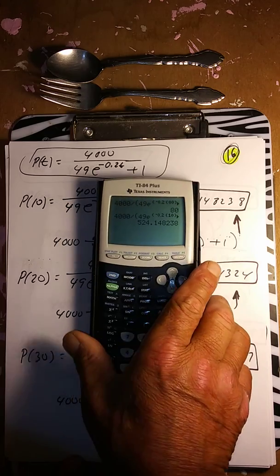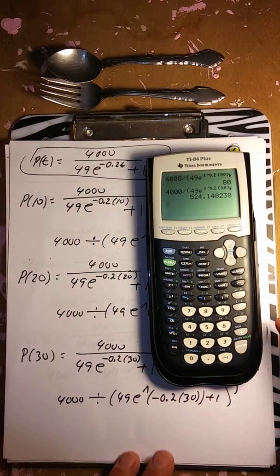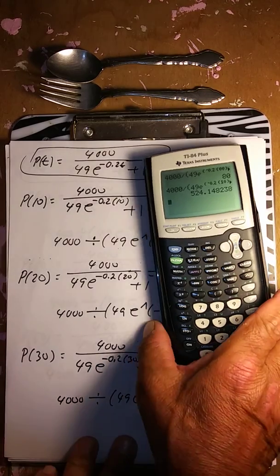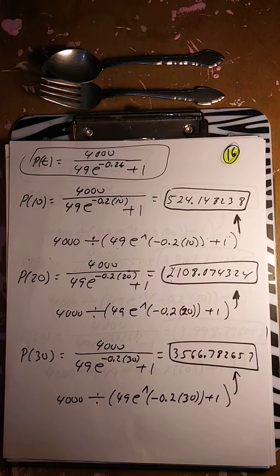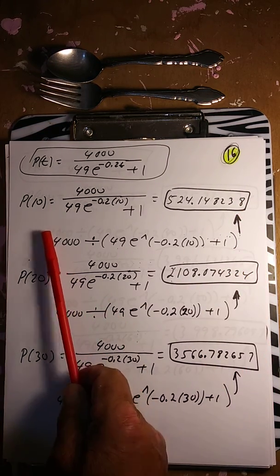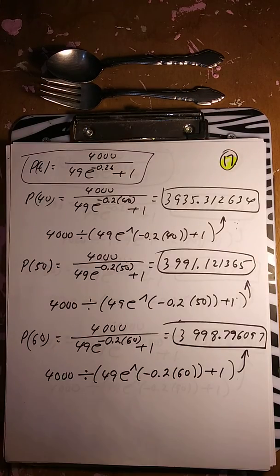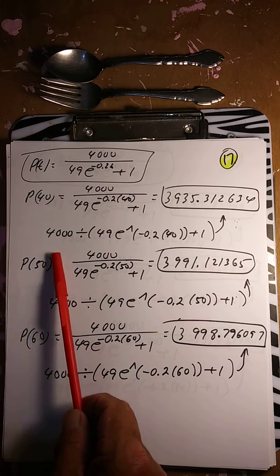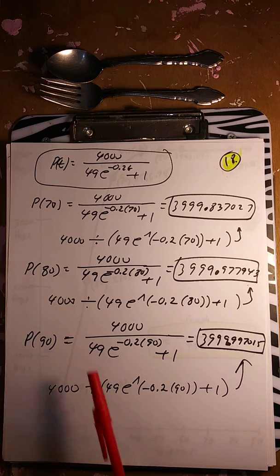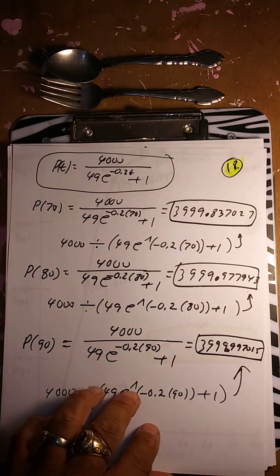So, using your calculator skills, you need to put all these numbers in here, and eventually you're going to get these numbers right here for P of 10, P of 20, P of 30. Keep going. P of 40, P of 50, P of 60. There's the numbers. So finally, P of 70, P of 80, P of 90.